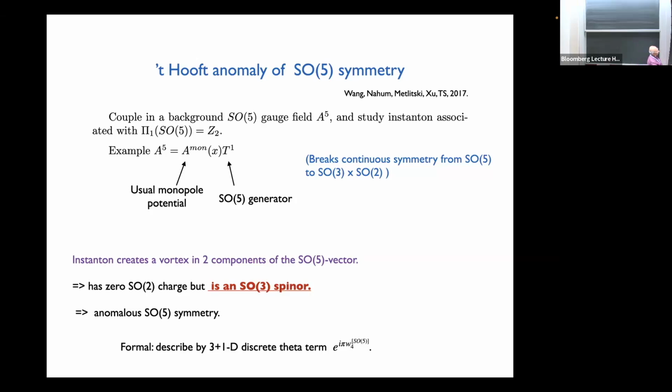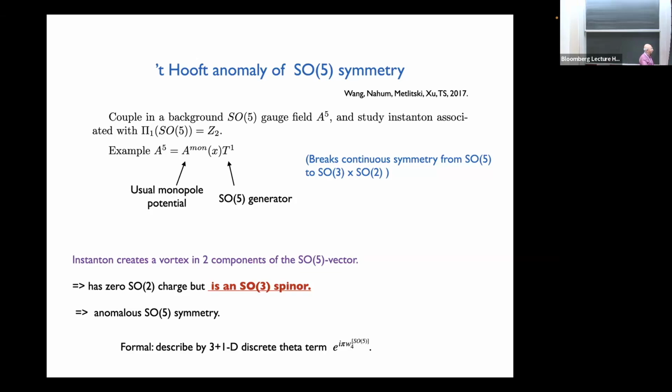You can capture all this, which is maybe a bit long to say, more compactly by saying that it's described by an anomaly inflow from a 3+1D bulk whose response has what's known as a discrete theta term. I was actually glad to know that Aharony, Tachikawa, and Seiberg are all here.